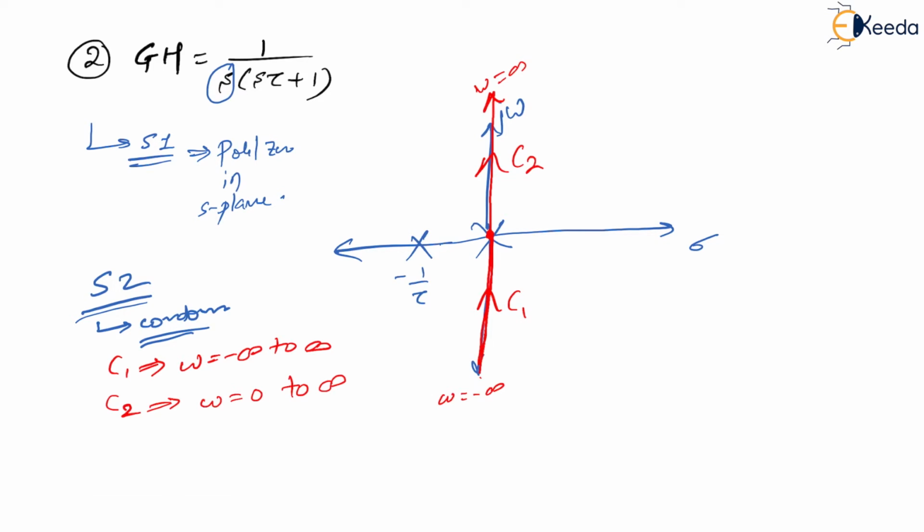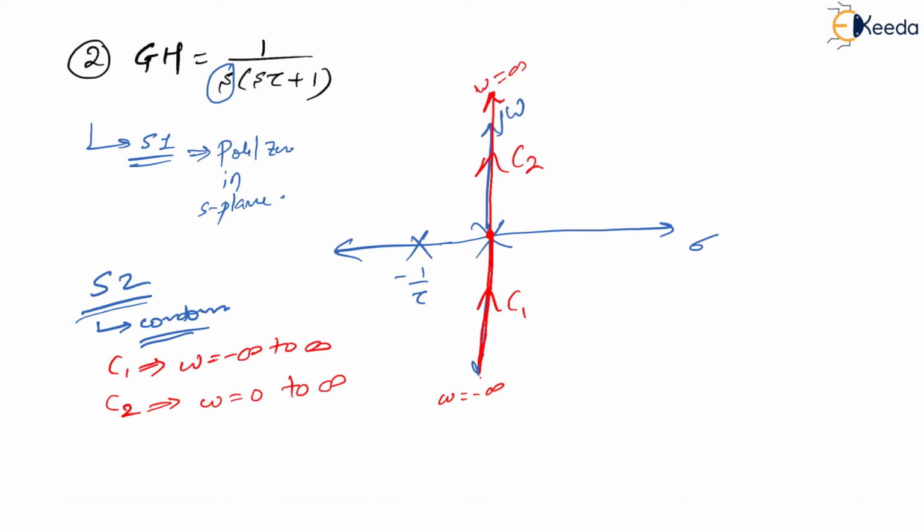Now I have to draw the entire S-plane. Here you have to understand one thing. This particular C2 is going to be wrong. I have done it very intentionally to show you that students make such mistakes.